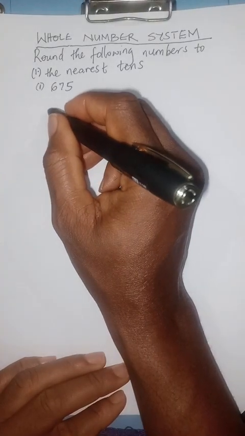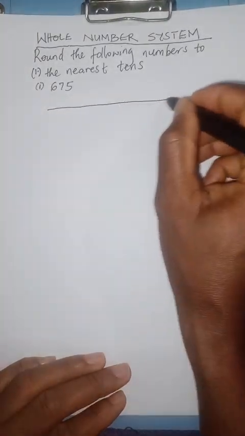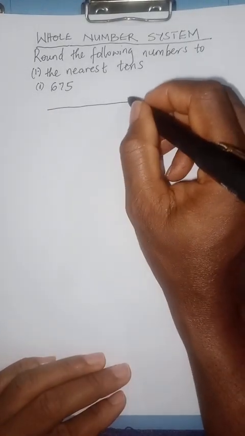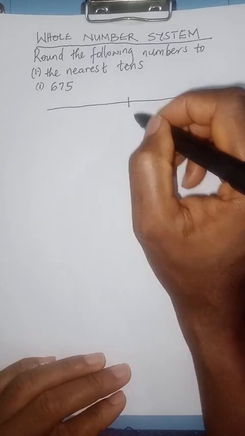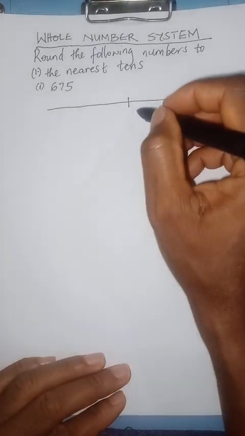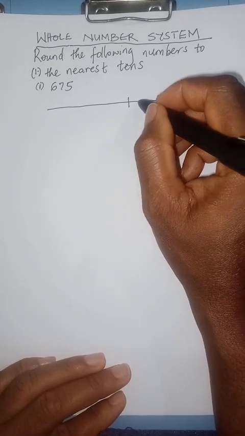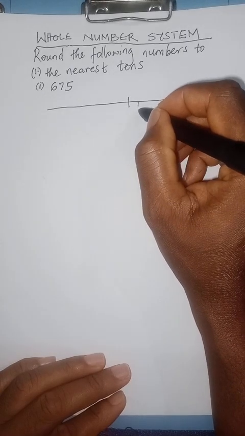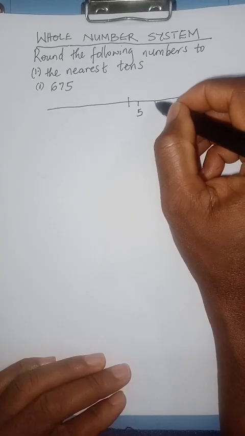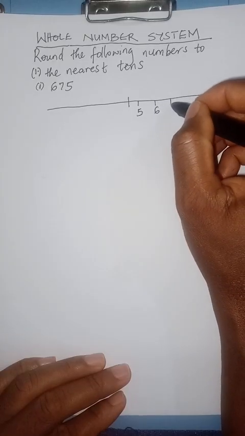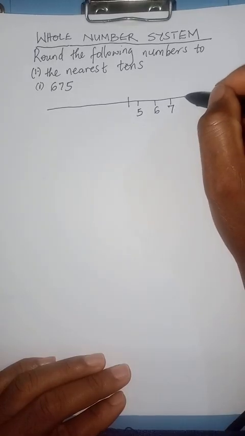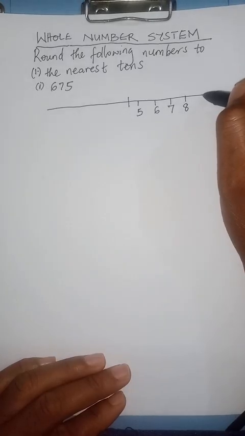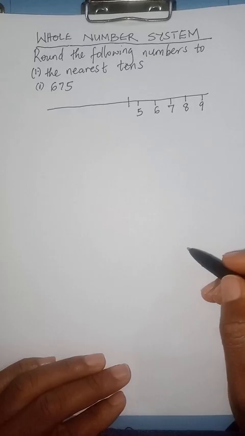I'm going to draw a number line here, and this is divided into 2. And let's say this is 5, this is 6, this is 7, this is 8, and this is 9.